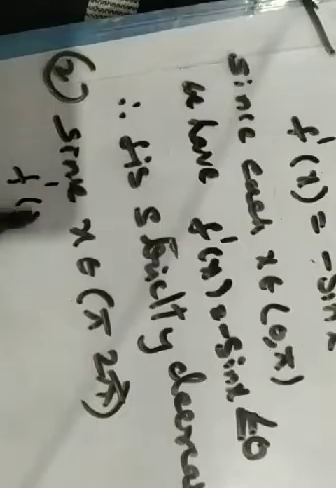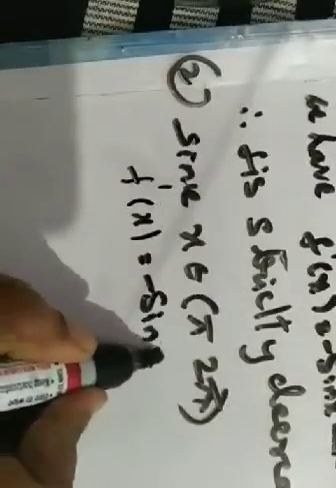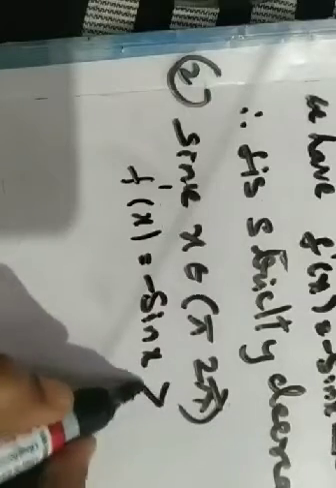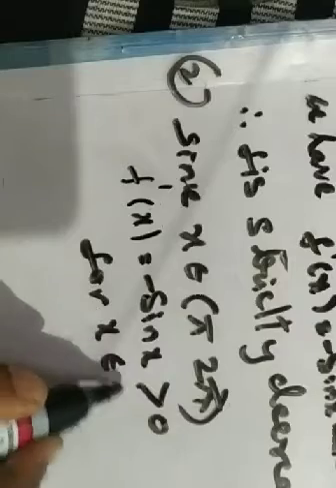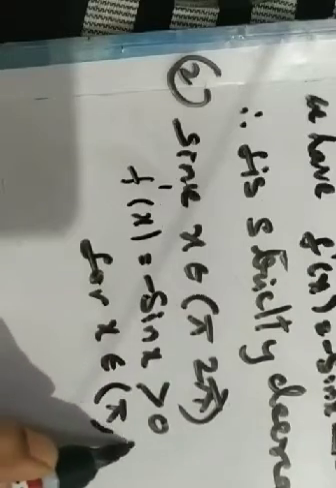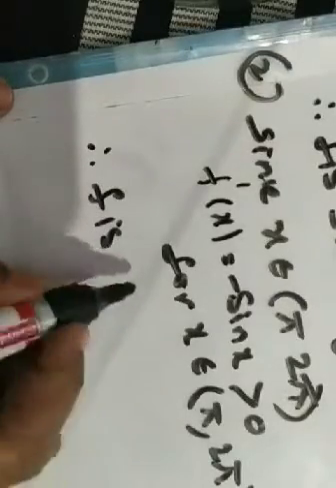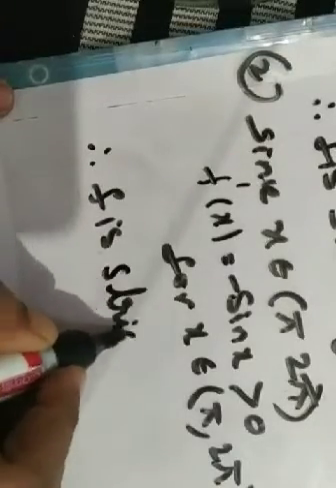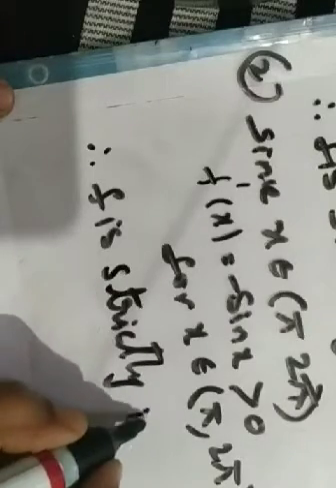So f dash of x is equal to minus sin x is greater than 0 for x belongs to pi to 2 pi. Therefore f is strictly increasing.